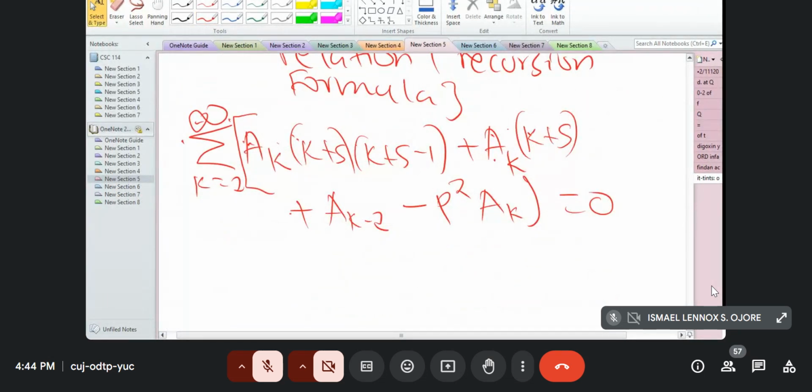So let's combine together terms with ak.